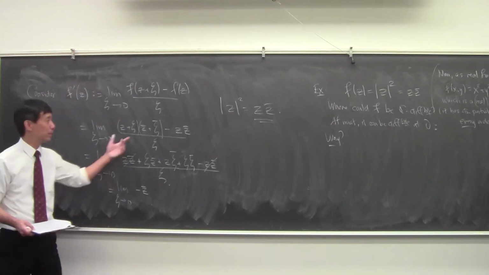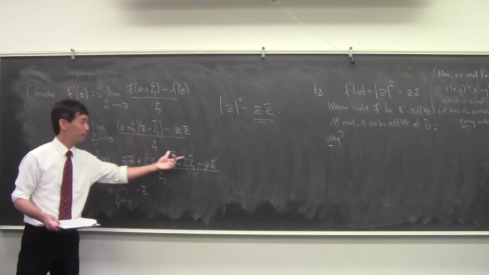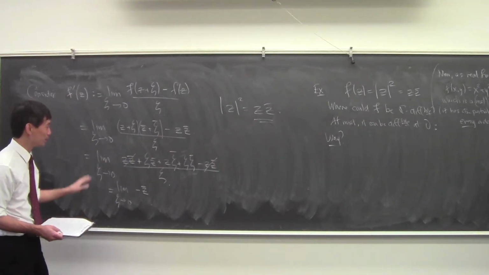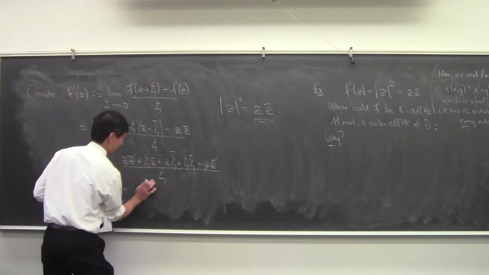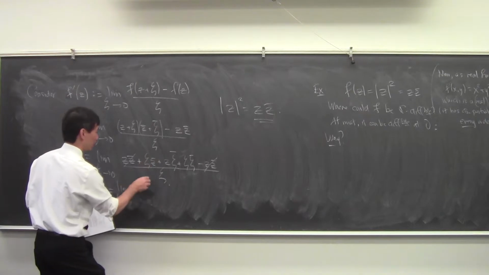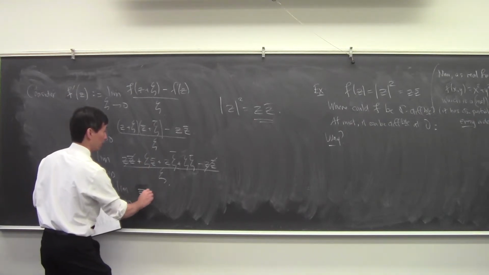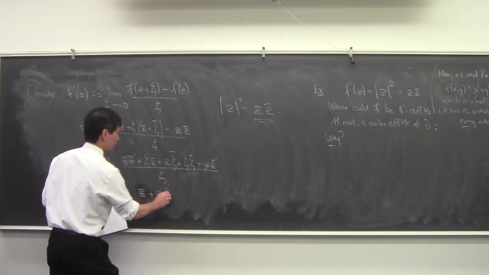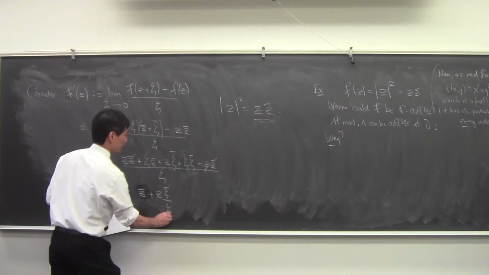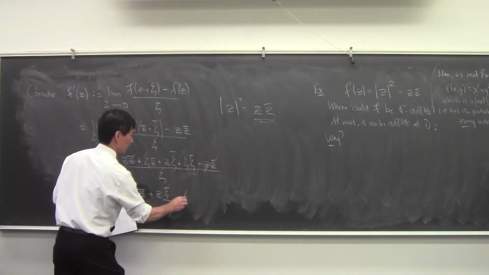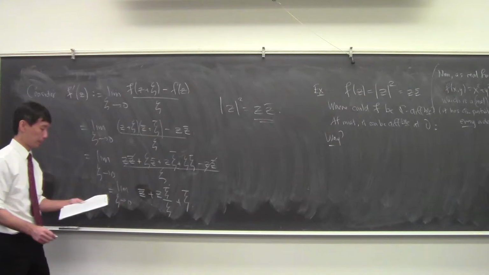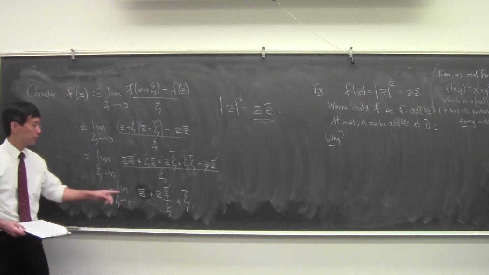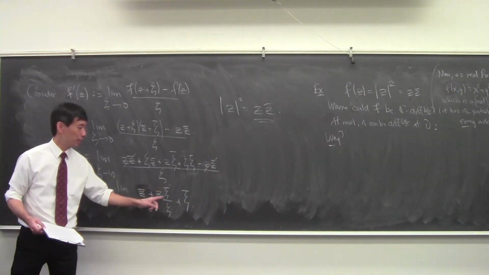So we just multiply this out, which we should be able to do. So we end up with z bar plus zeta bar plus z zeta bar over zeta.